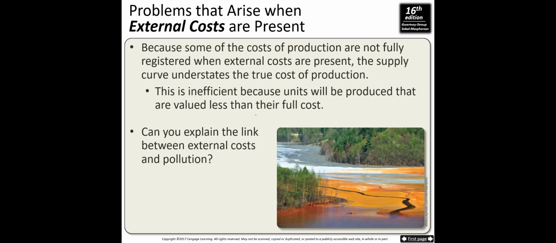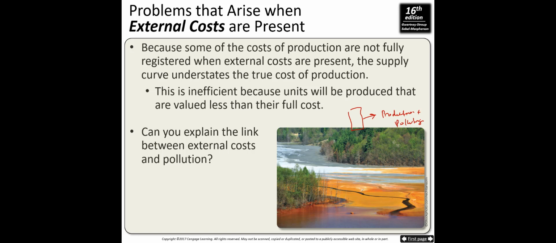Because some of the costs of production are not fully registered, when external costs are present, the supply curve understates the true cost of production. So the firm polluting the environment only deals with production costs, but the actual cost includes the production cost plus polluting the river, okay? So this is inefficient because units will be produced that are valued less than their full cost.